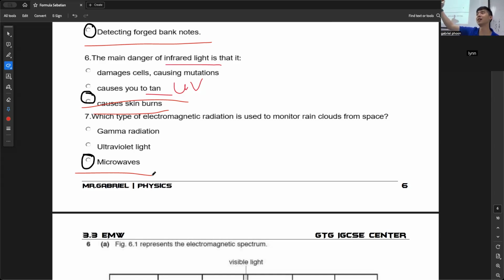Let's say this cloud is moving at a certain km per hour. That means 1 hour later, this place will start to rain because there'll be the rain cloud above it already. So how come microwave? Because microwave is used for communication between Earth and the satellite that monitors the rain cloud, guys. That's why your answer is microwave.